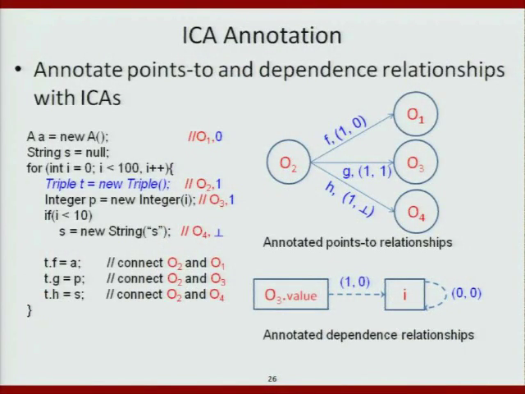This picture here shows the annotated dependence relationship, where each node represents either a heap location or a stack location. Each edge represents a dependence relationship annotated with a pair of ICAs for the 2 nodes connected by the edge. The ICA for a heap location, like O3.value, is actually the ICA for the object O3, which is 1 in this case.